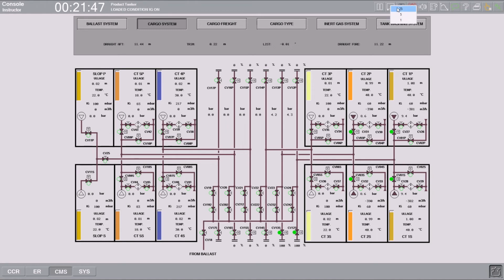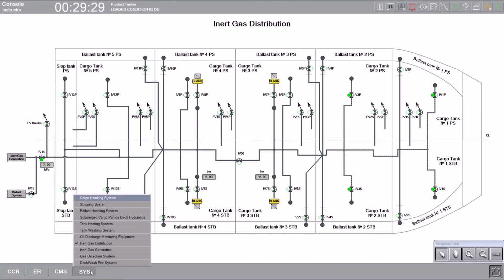Increase the speed, that is the simulation, just increasing the time running, and you see that discharging of cargo and not sending the inert gas into the tank leads to vacuum inside the tank. And in this case we will have PV valves open.